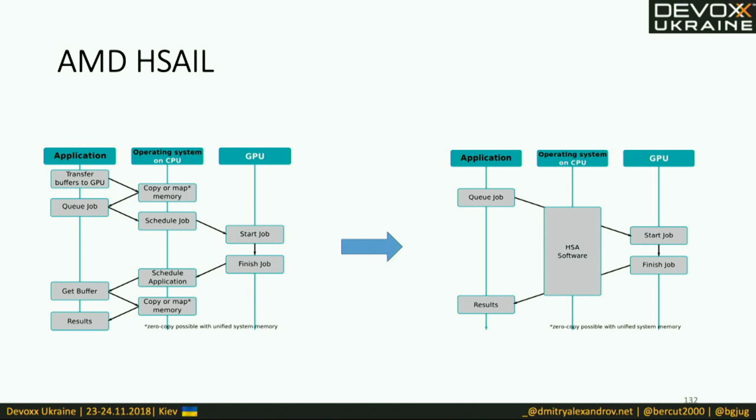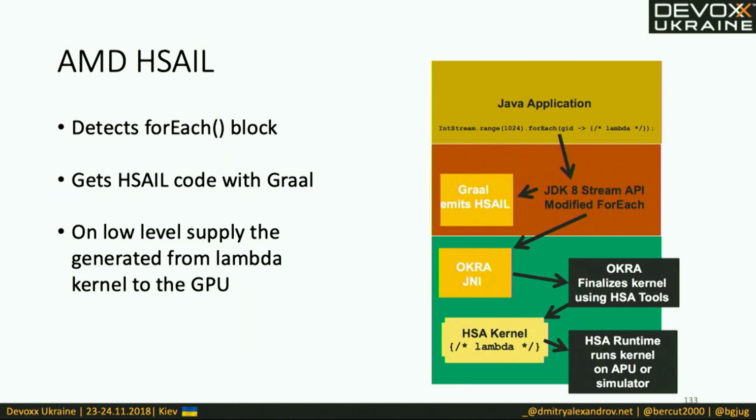It's not exactly bytecode, it's a pseudo bytecode, very low level. But in terms of Java, most of the time it finds a forEach block, finds a lambda inside of it, and says, okay, we have a bunch of this lambda, streams of this lambda. We can massively parallelize it on our GPU.